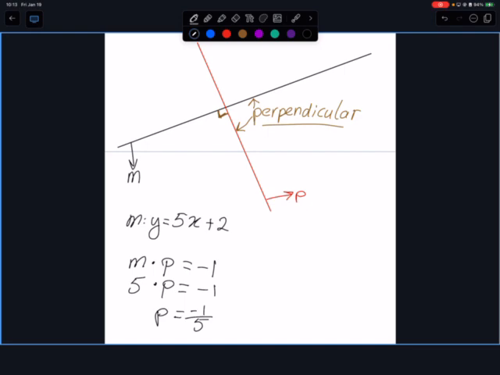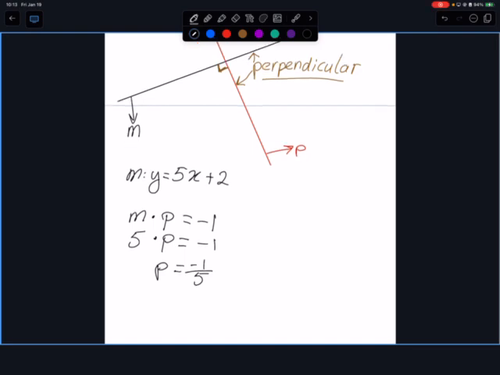Negative 1/5? Yep. Suppose it's negative. But do we get the calculator? Yep, if you want to. Wait, did you put 0.5? It's not a comma.